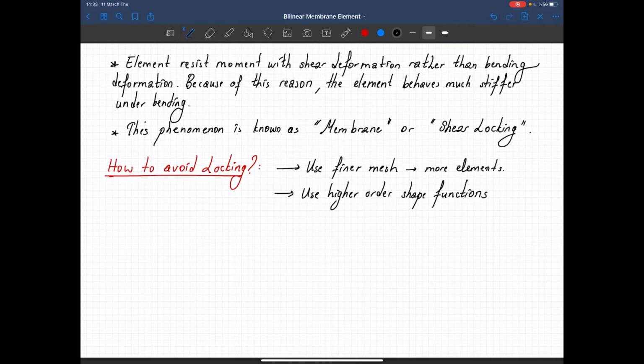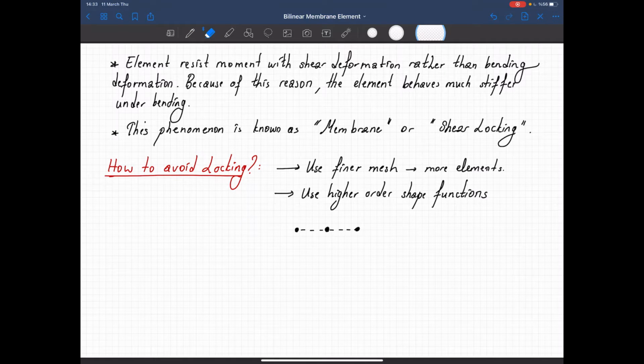In order for me to define a quadratic shape function, for example, I need additional nodes, right? Think about it this way: if I have 2 nodes, the only function that I can define using these 2 nodes is a line. But if I add another node here, I can define a quadratic function by using these 3 nodes.